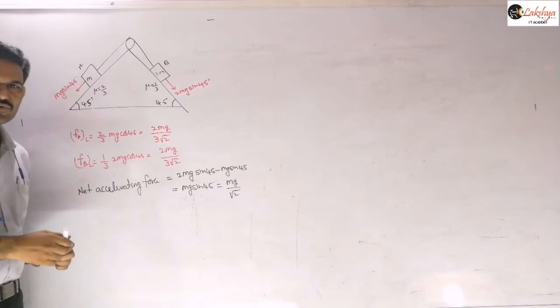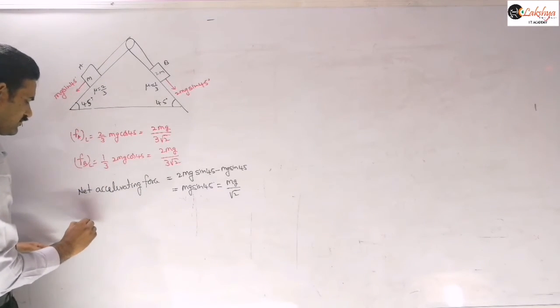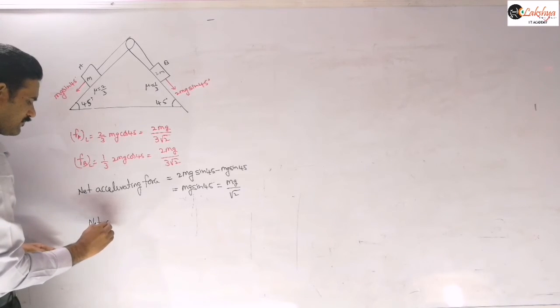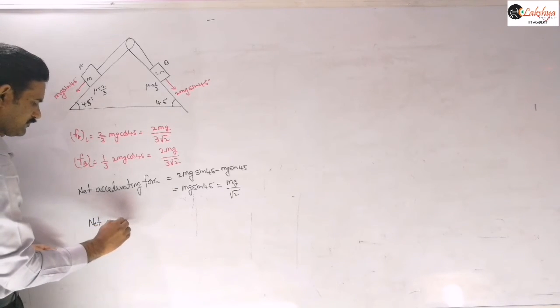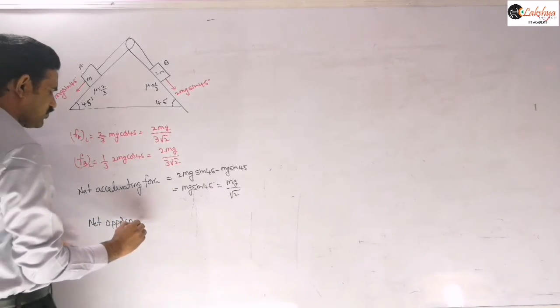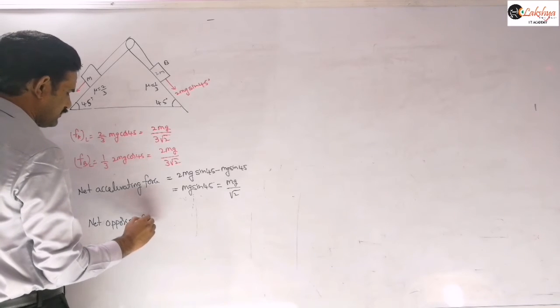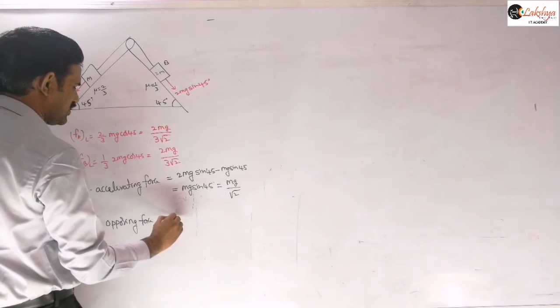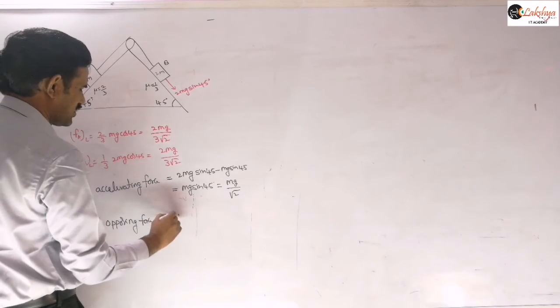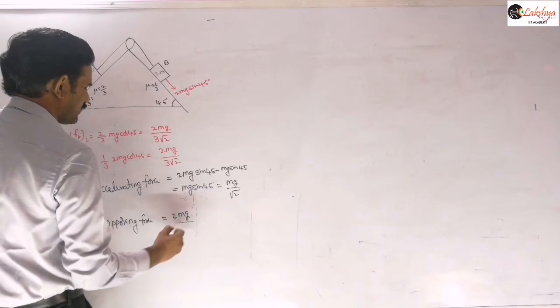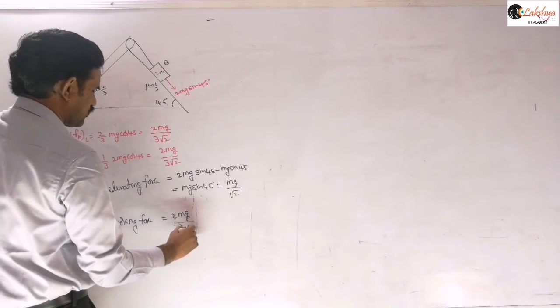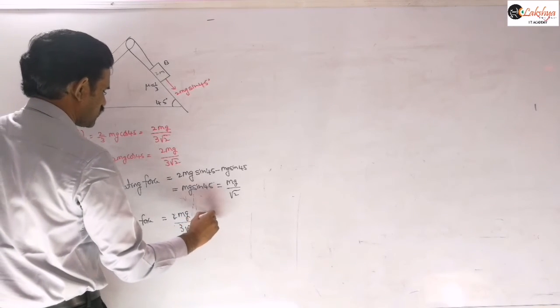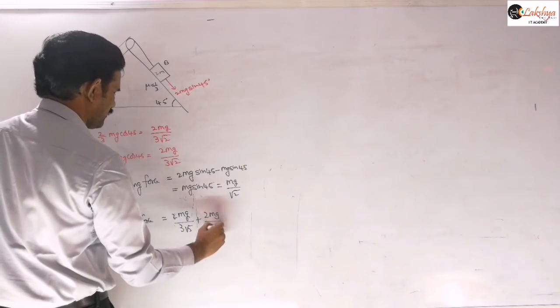So the net opposing force we can write as 2mg by 3 root 2 plus 2mg by 3 root 2.